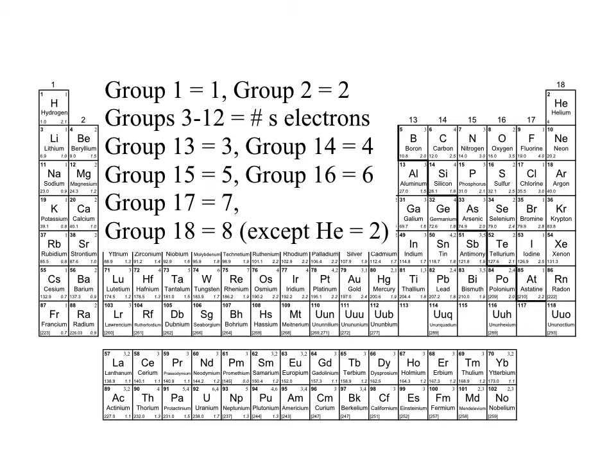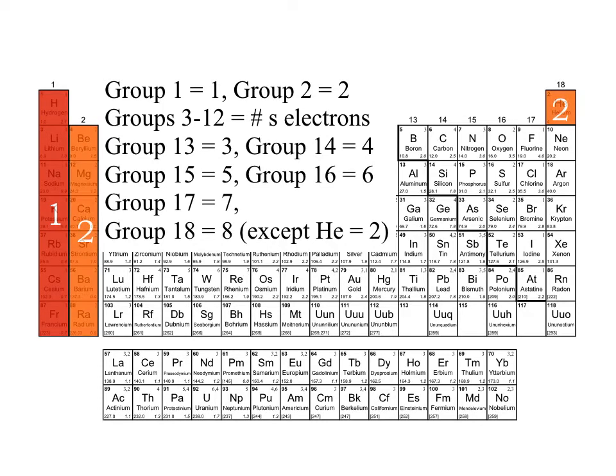Now, an easy way to do this, if you're just trying to figure out valence electrons, if you look at the periodic table, you don't even really need to look at the electron configuration. Group 1 has 1 valence electron. Group 2 has 2 valence electrons. Groups 3 through 12 we'll get to in a moment.